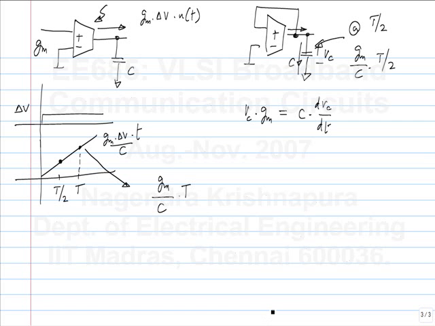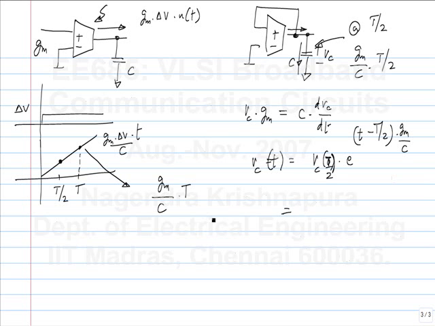And the solution to this is a rising exponential starting from the initial condition. In this particular case, this initial condition is at time t by 2. I think this is a first order solution, you can solve it quite easily.